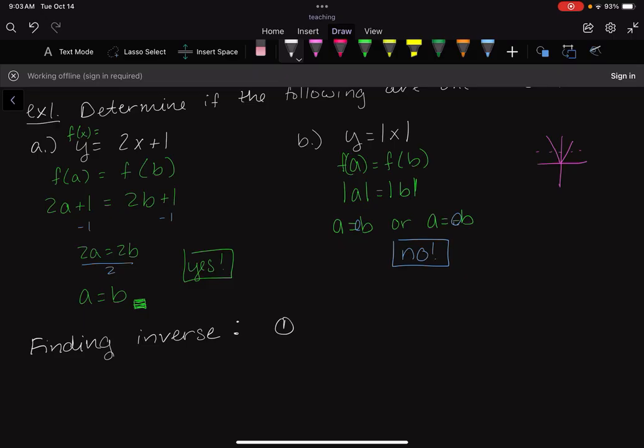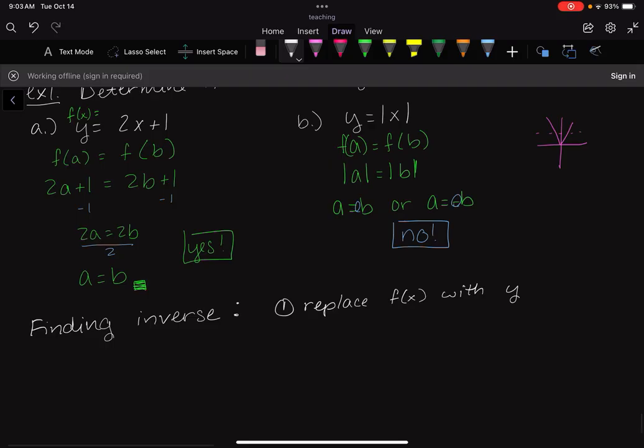Our first step is we're going to replace f of x with y. And I mean, if it already says y, then that's great. But if it doesn't, then we'll go ahead and replace it. Next, we're going to switch x and y. Next, we're going to solve for y.